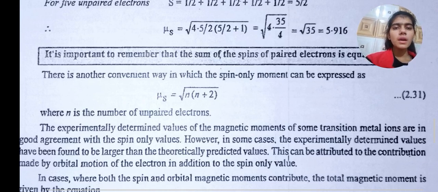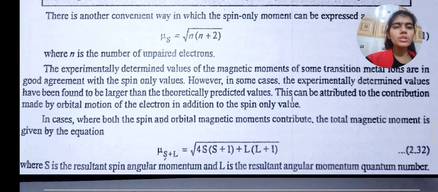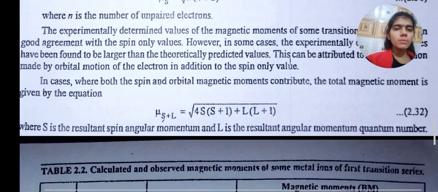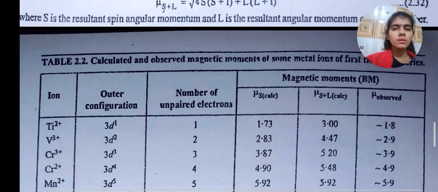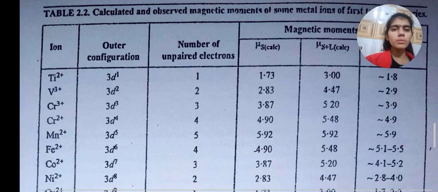In cases where both the spin and orbital magnetic moments contribute, the total magnetic moment is given by the equation μs+l is equal to under root 4S into S plus 1 plus L into L plus 1, where S is the resultant spin angular momentum and L is the resultant angular momentum quantum number. Here we can see the ions, their outer configuration, number of unpaired electrons and their magnetic moments.